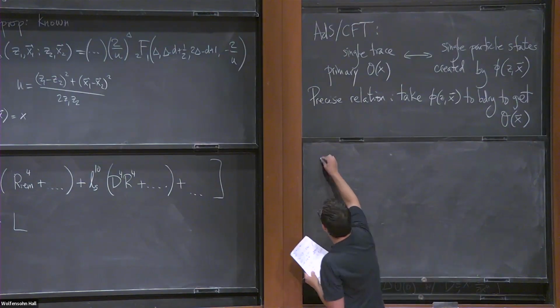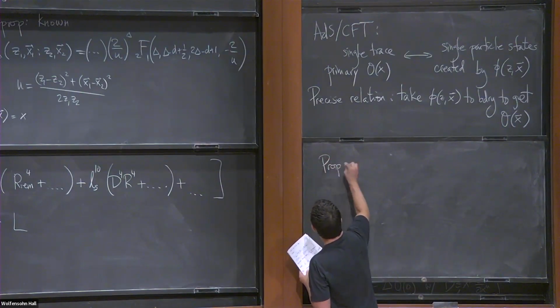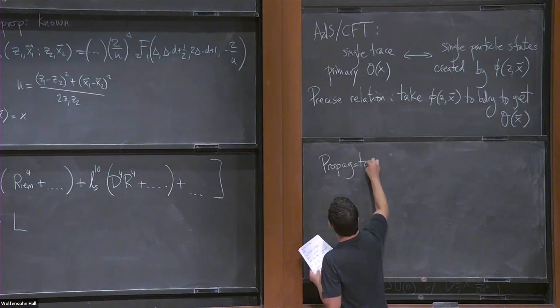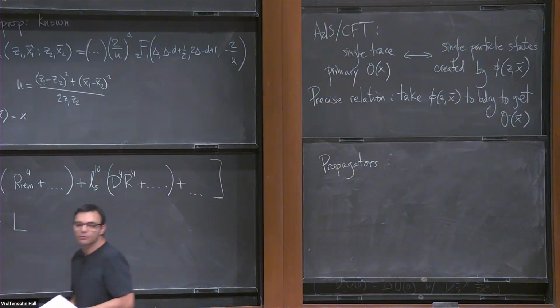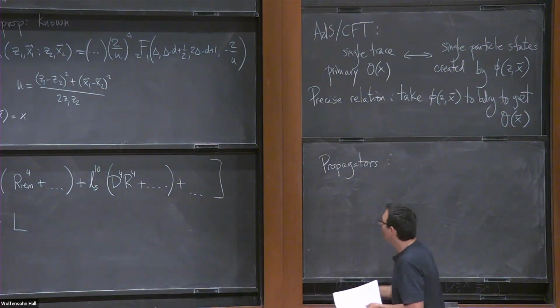So then the propagators, because we essentially have a 1 over N squared in front of the action, the propagators will scale like N squared.